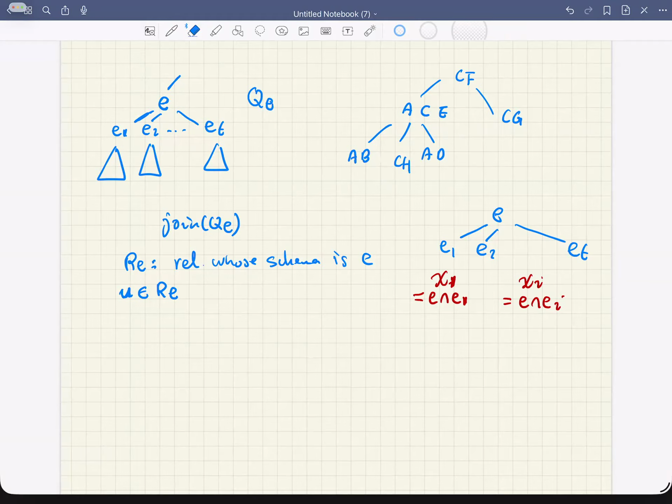Once again, to give you more intuition, how come you have a Cartesian product? Now you can look at the other parts of the subjoins of the children. Let's say B. B has nothing to do with any other part of the tree.